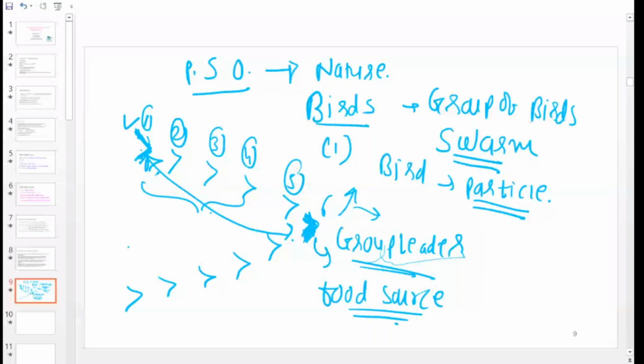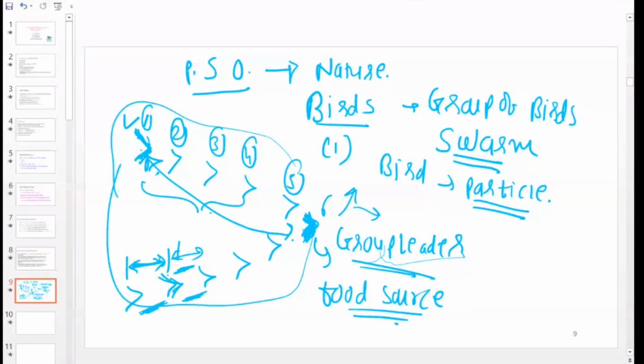Similarly, every two birds will try to minimize the distance between their positions, right? So in conclusion, all birds fly in a specific pattern.